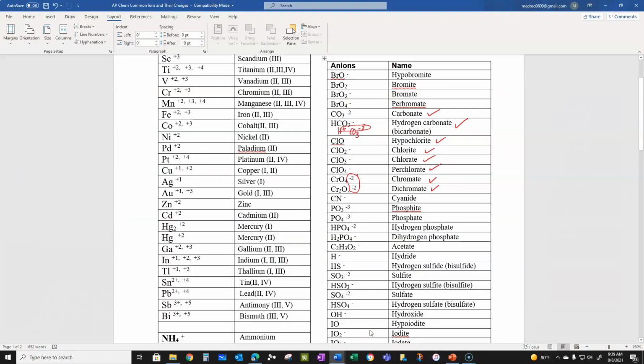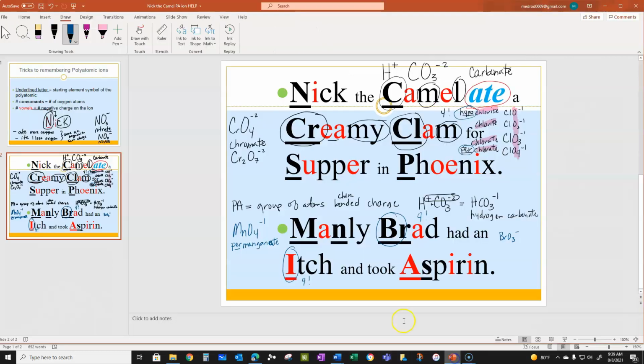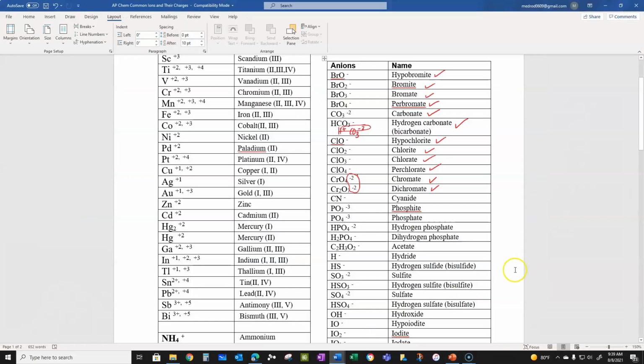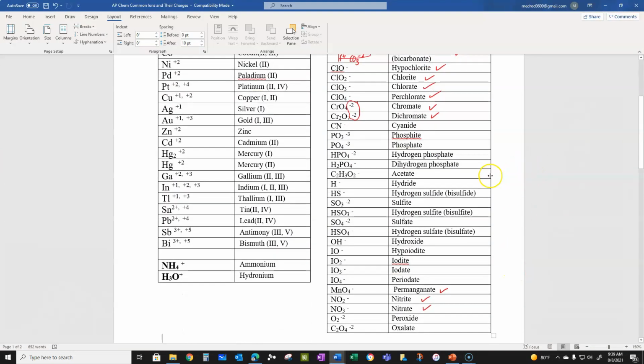Right there. 1, 2, 3, 4. And right over here for itch, I can get iodate, because it's a halogen. Every halogen does this. The other elements, they don't do this cool trick. So right there, I can get those 4 for itch, and you can practice it. See how we're tackling this list slowly but surely.